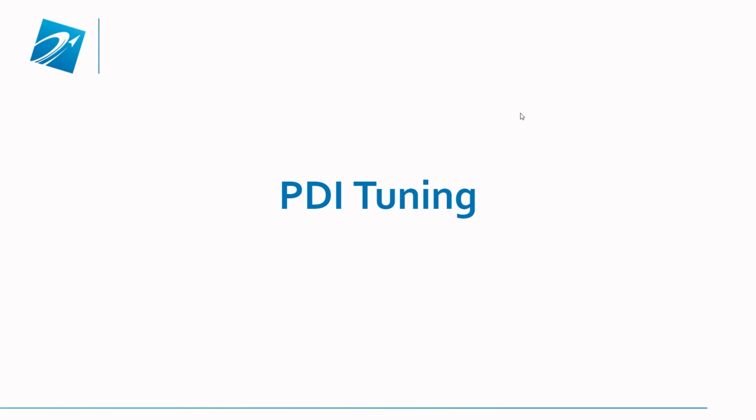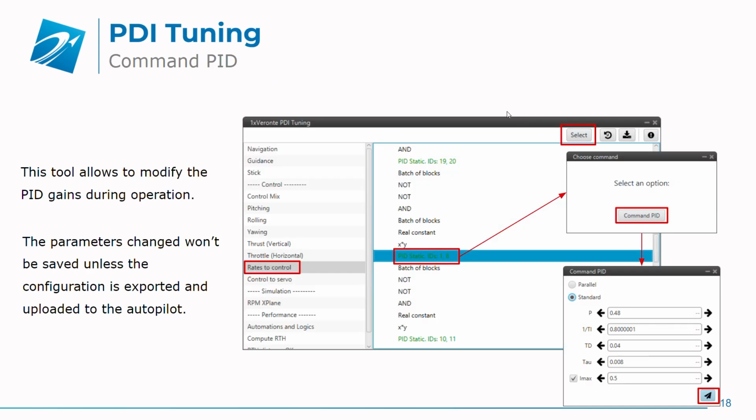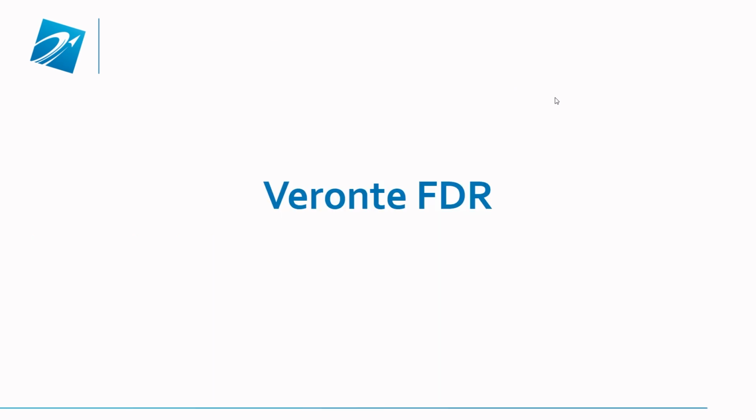Then we have PDI tuning. Through this tool, we will be able to modify the PID gains during the operation. It will be faster through this tool to obtain the correct tuning for the control logic that has been built inside the autopilot.